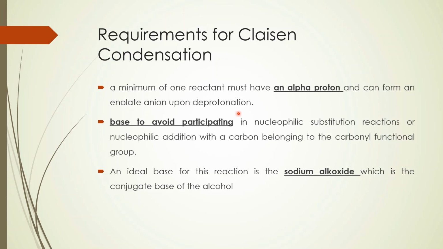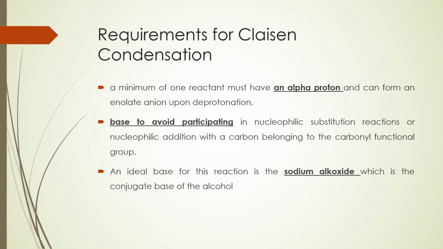Here, deprotonation means the abstraction of a proton, and alpha proton I have explained to you. So there should be one reactant or one ester molecule which will have an alpha proton which is abstracted by the base present in the reaction. This is the basic requirement for Claisen condensation reaction.